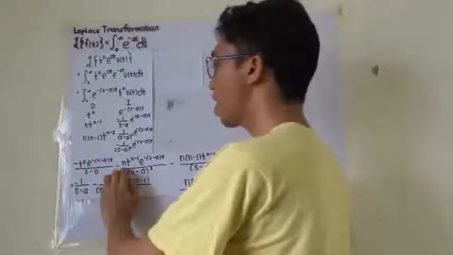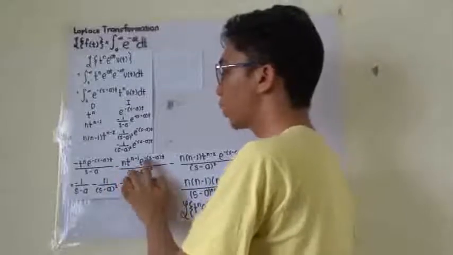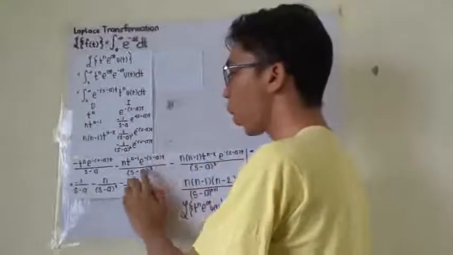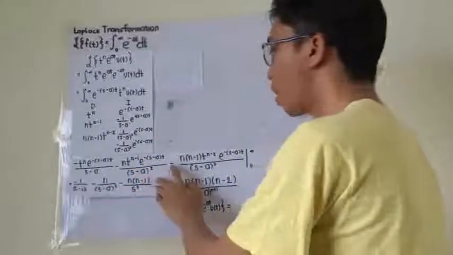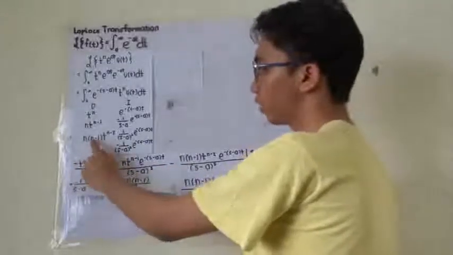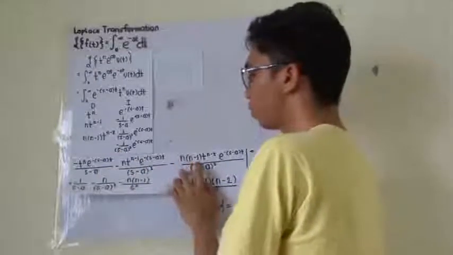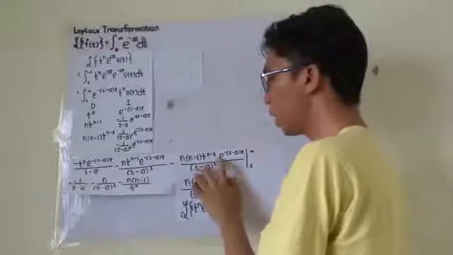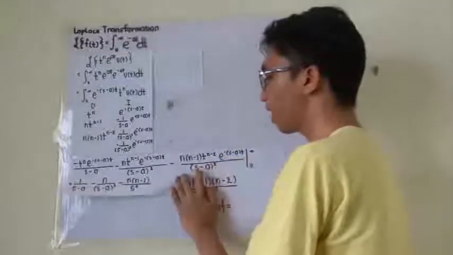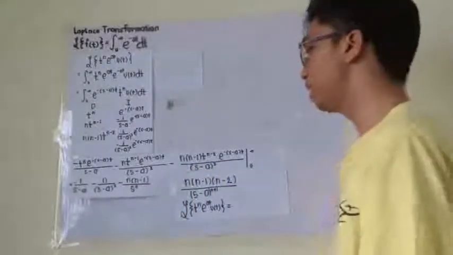So we have n times t raised to n minus 1 times e raised to negative quantity s minus a times t over s minus a squared minus n, cross multiply the derivative to the integral part. We have n quantity n minus 1 times t raised to n minus 2 times e raised to negative quantity s minus a times t over s minus a cubed, and have the limits of 0 to positive infinity.